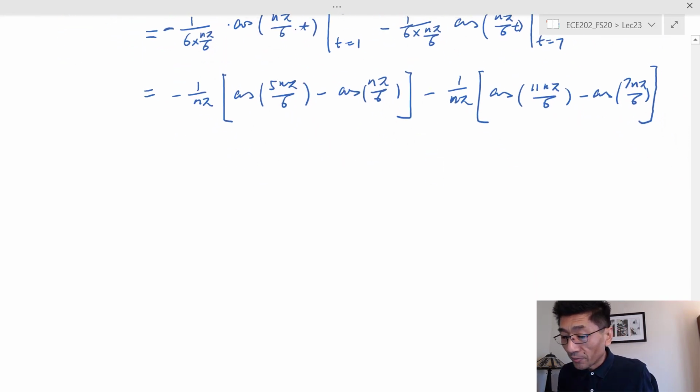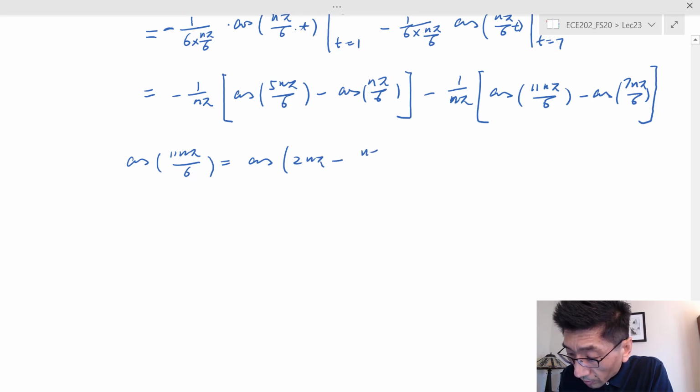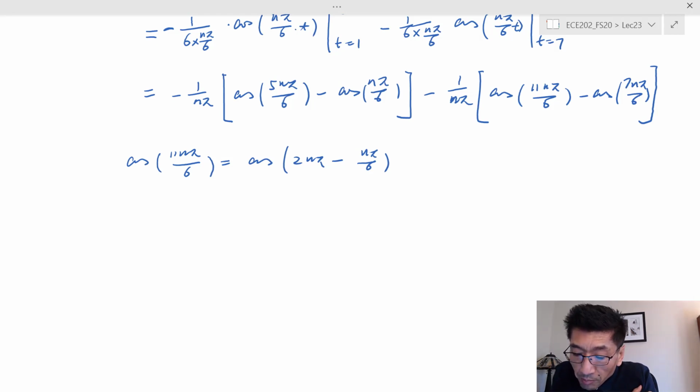So let's see. Let's recognize cosine 11 n pi over 6, that's equal to cosine of 2 n pi minus n pi over 6, because 2 n pi is 12 n pi over 6, and 12 minus 1 is 11, right?